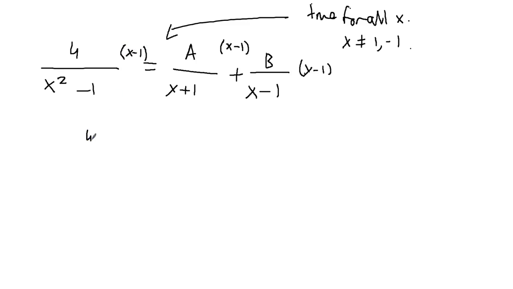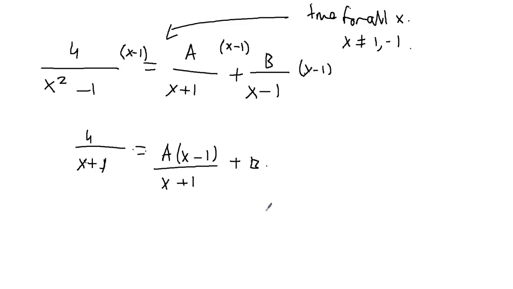So this will give you now 4 over x plus 1 is equal to a times x minus 1 over x plus 1, plus b. Now all of a sudden, 1 is not restricted anymore.